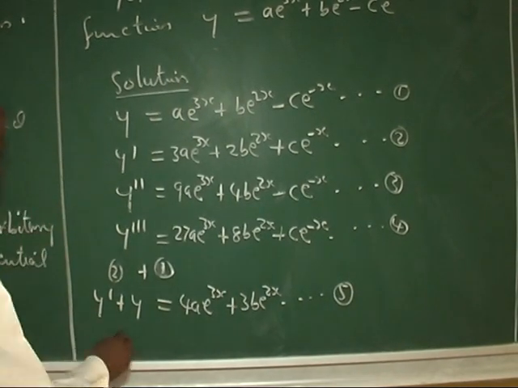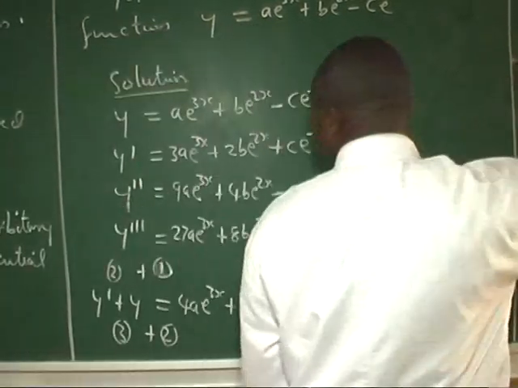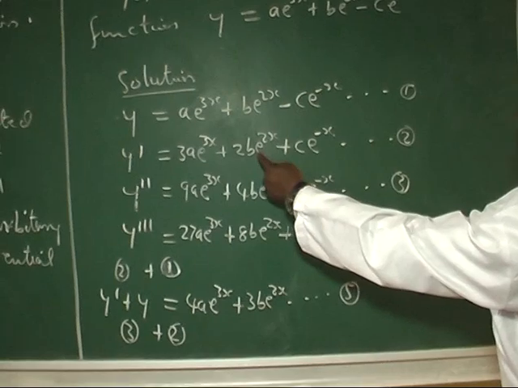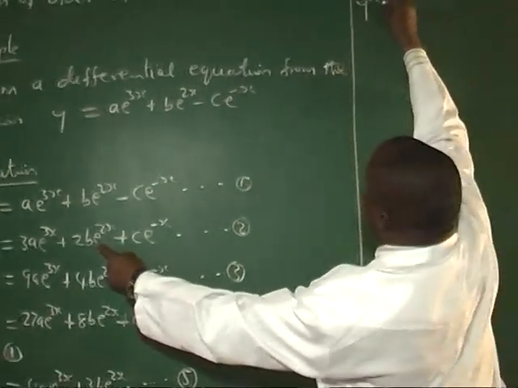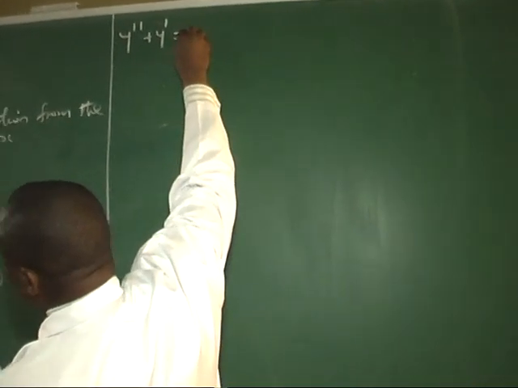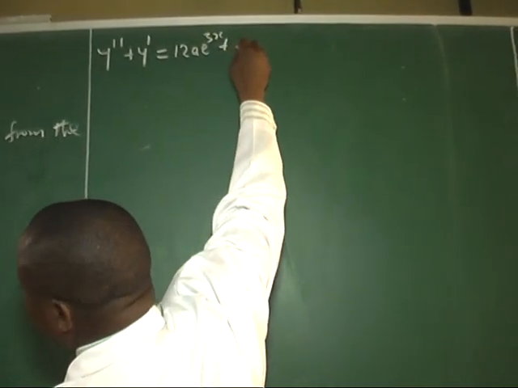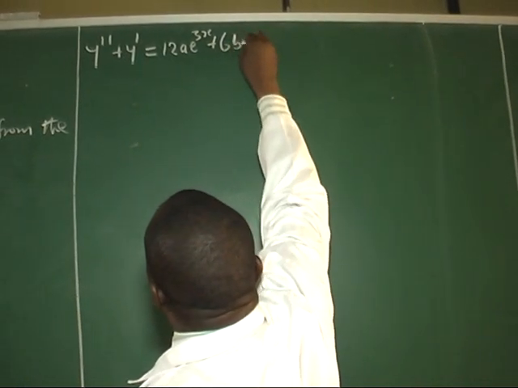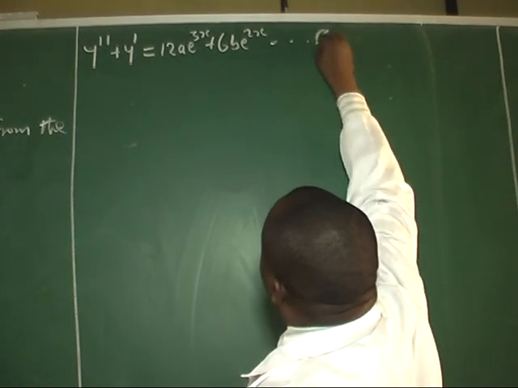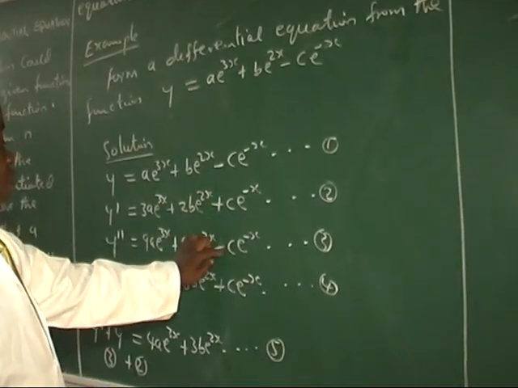Now, if we say again, equation 3 plus 2, we will have y double prime plus y prime equal to 12a e^(3x) plus 6b e^(2x). So we call this one equation 6. In doing that, when we add, this one will also go.